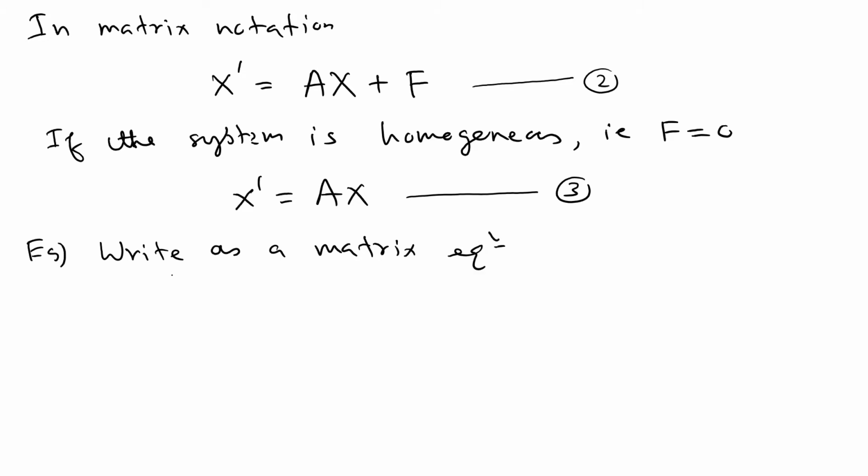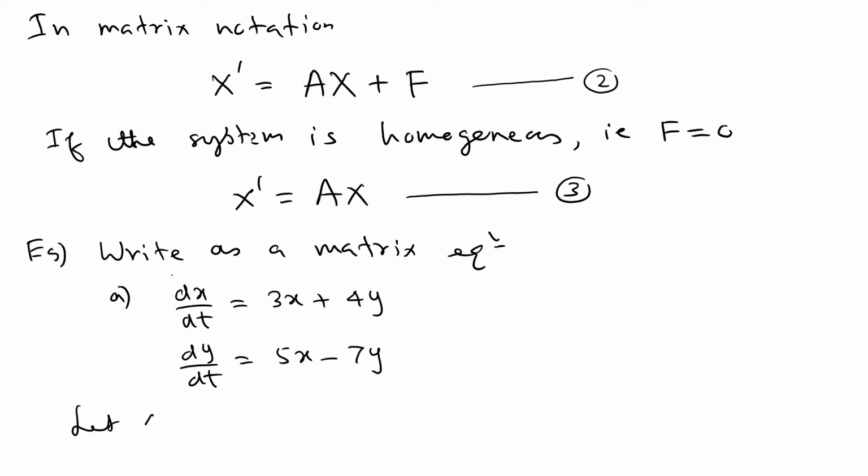Let's start with A. Let's say we have dx over dt equals 3x plus 4y, and dy over dt equals 5x minus 7y. Now we can define the x vector, which is simply x and y. The two solutions we put there, x and y.